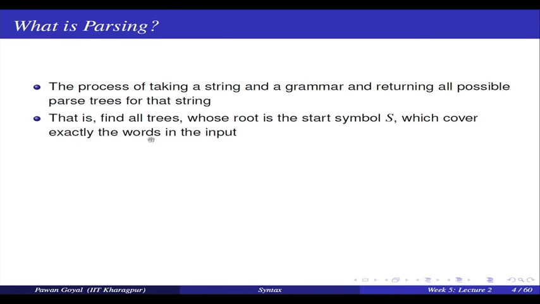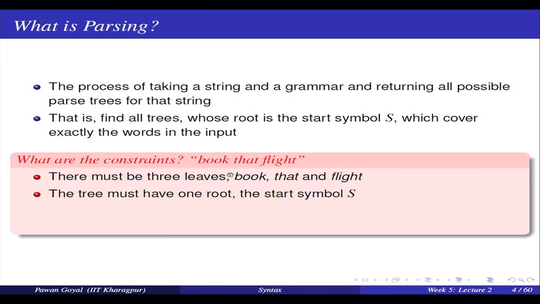So find all trees whose root is the start symbol S, because I have to start with the start variable in my context-free grammar, and which cover exactly the words in the input. Now what are the constraints on which I have to do the parsing? Suppose my sentence is book that flight. In my parse, there should be 3 leaf nodes: book, that, and flight.